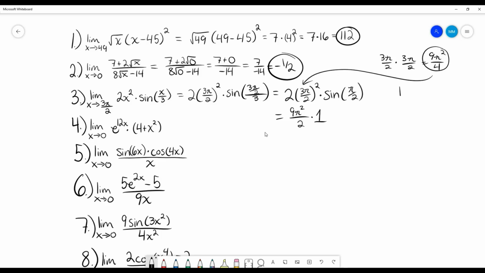Because sine of pi over 2, if we look at our unit circle, we've got 0 or 2 pi, pi over 2, and 3 pi over 2. And obviously there's more points on our unit circle, but we're just going to focus on these. Remember that sine is our y value on our unit circle, and our cosine is our x coordinate.